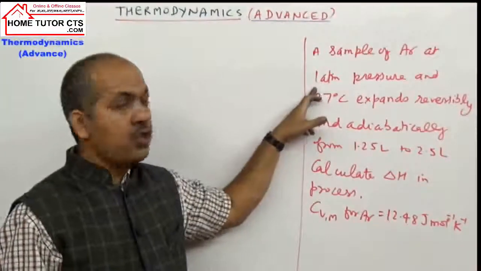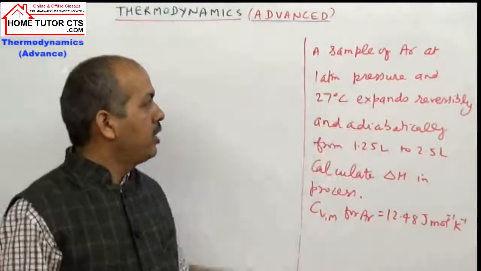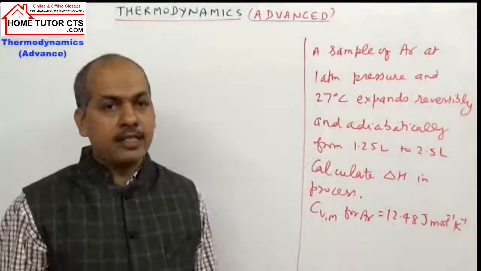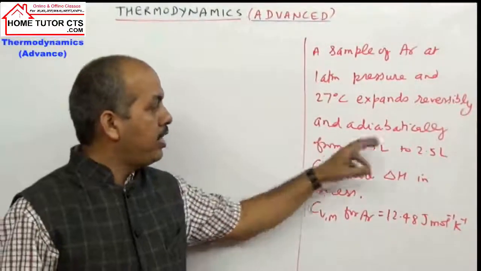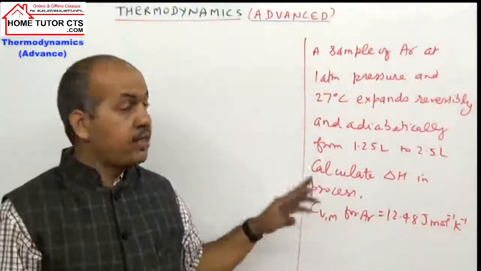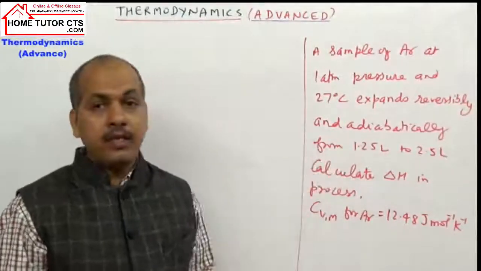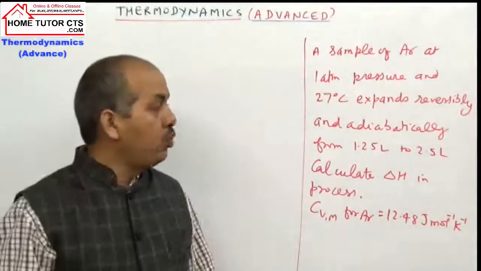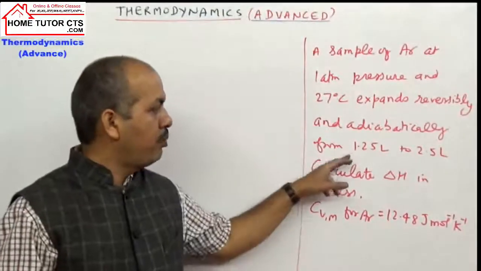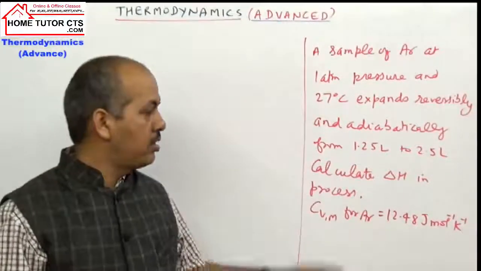A sample of argon at 1 atm pressure and 27 degrees Celsius expands reversibly and adiabatically from 1.25 liters to 2.5 liters.